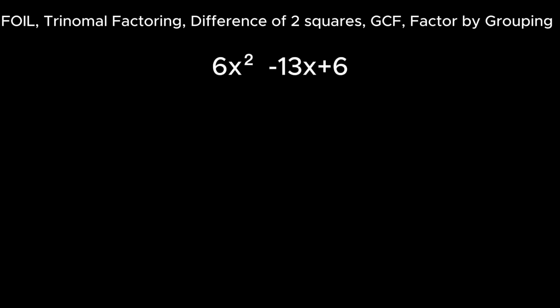Finally, we have factoring by grouping. So for this equation, what I want you to do is multiply the coefficient of the first term, so 6, and multiply it by the last term, which is 6. So you get 36.